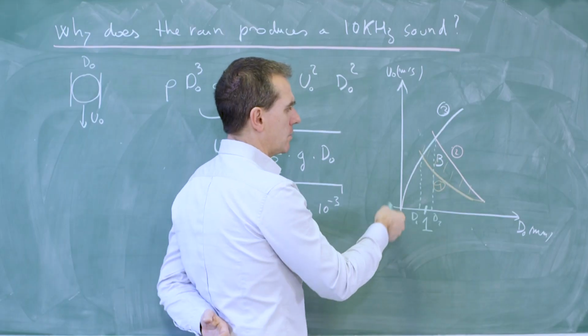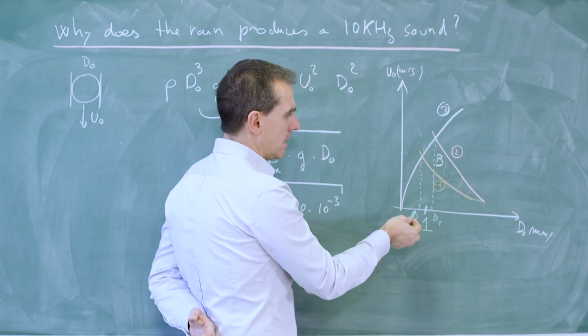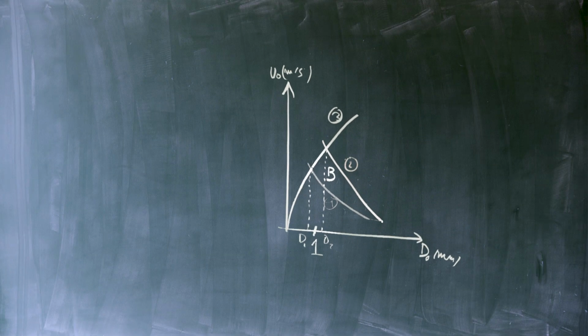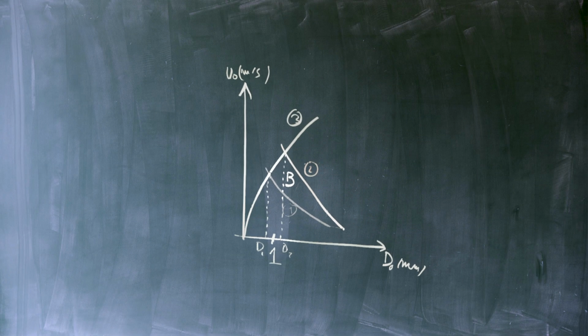And so what we get from this diagram is that the only drops in a rain that can entrap the bubbles are around 1 millimeter. And the bubble that will be entrapped is of the order of a few hundreds of microns, and the vibration of this bubble produces the peak at 10 kilohertz. And so this is our final, let's say, explanation of the noise produced by the rain.